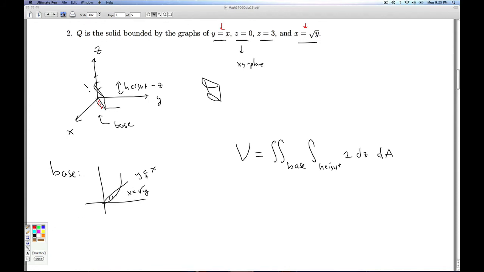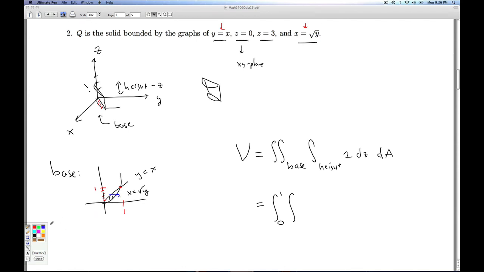We can go ahead, since x is given as functions of y in both of these things, we can look at where these things intersect, which is going to be at 1, 1. And we can go ahead and use the order dx dy. So if I'm using the order dx dy, I would chop y up from 0 to 1. And then for a fixed y, the x runs between what two things?